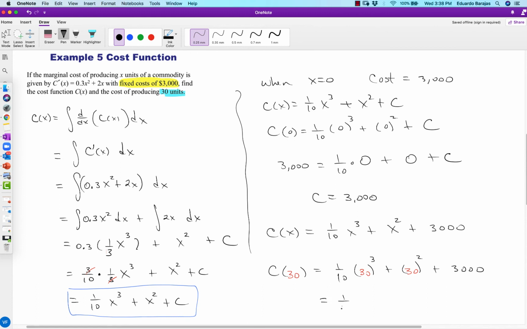So this is going to be 1/10 times 30, that's going to be equal to 900 times 30, that's going to be 27,000 plus 900 plus 3,000. 27,000 divided by 10 is going to be 2,700.